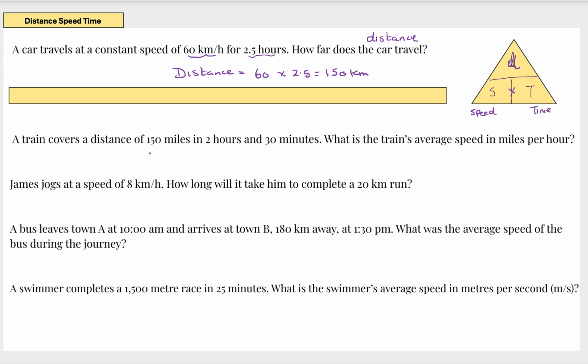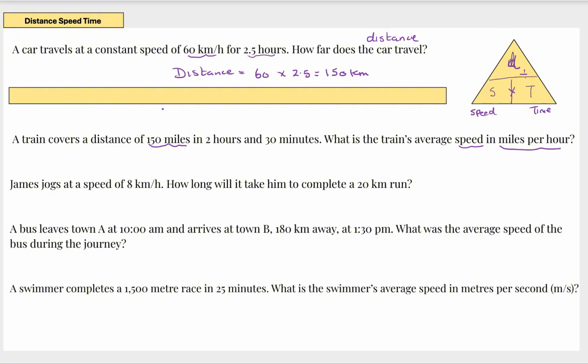A train covers a distance of 150 miles in 2 hours and 30 minutes. What is the train's average speed? This time in miles per hour. We're looking for the speed in miles per hour. So this time I'm going to put my thumb on that S and hide it. And I'm left with distance divided, as this line is divided, by time.